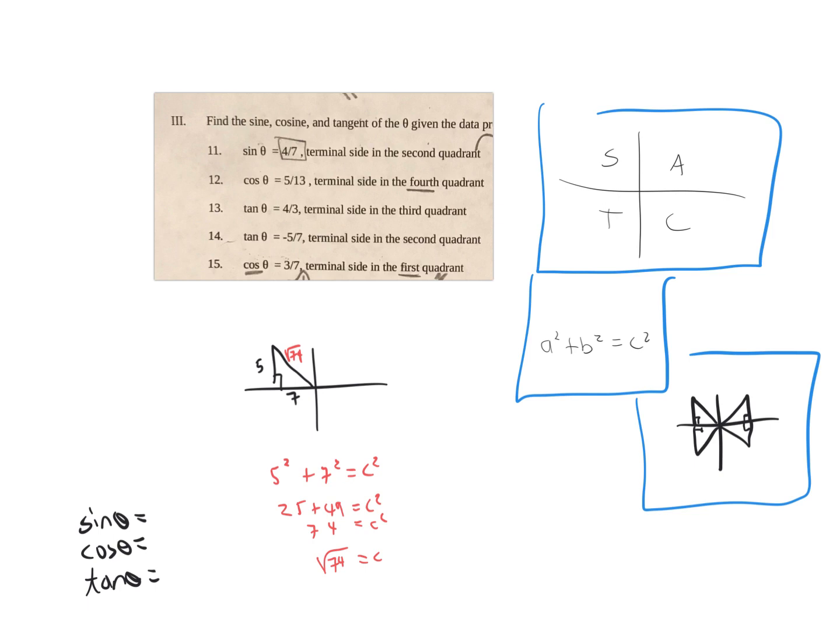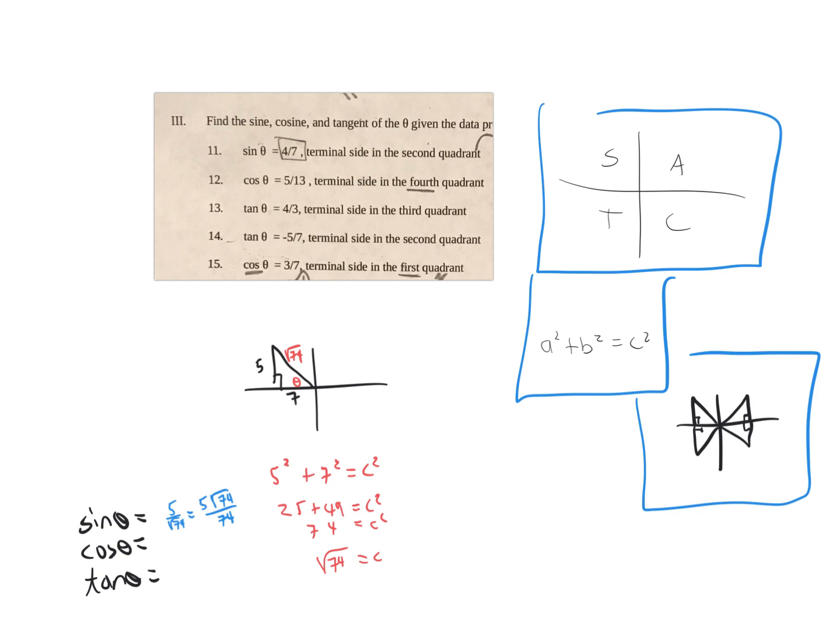So at that point, the sine of theta, this theta in this case, would be opposite over hypotenuse, which would be 5 over radical 74, also known as 5 radical 74 over 74 after rationalizing the denominator.